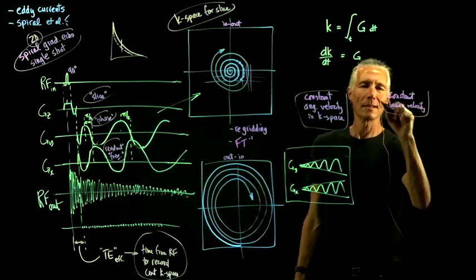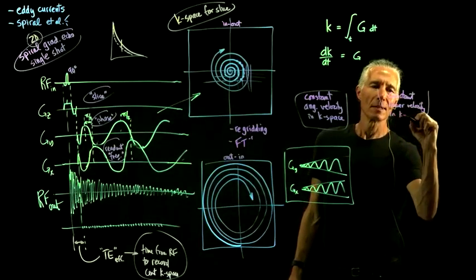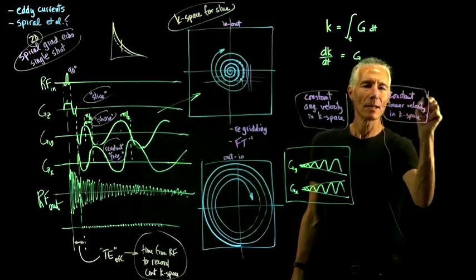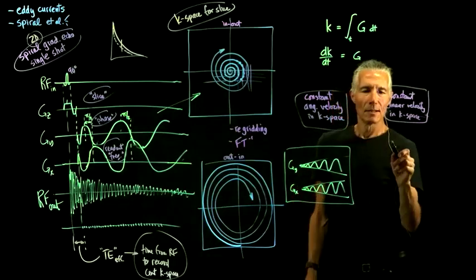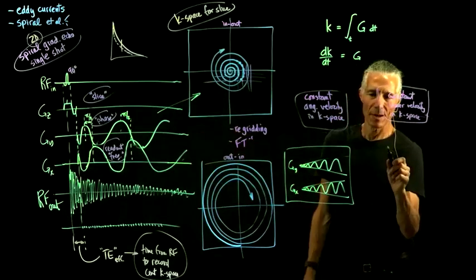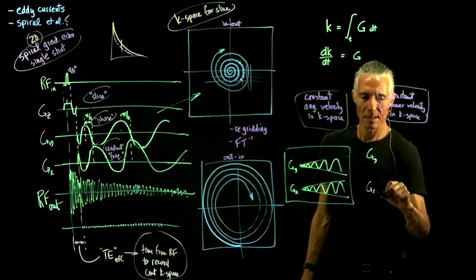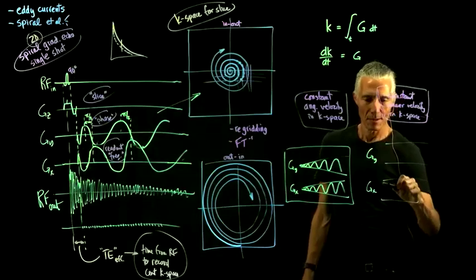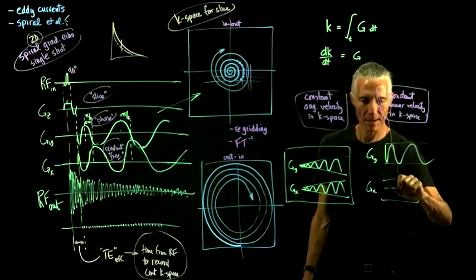If you do a constant linear velocity in k-space, you get a different set of equations for what the gradients should look like. They look like the ones I drew there, more or less. So the G_y and G_x look something like spreading out like that.